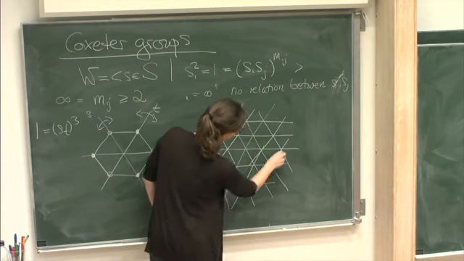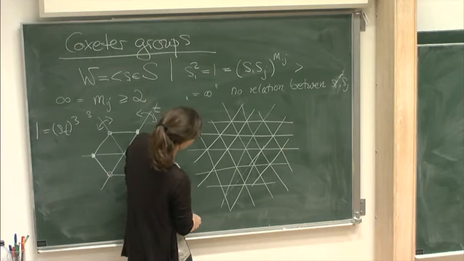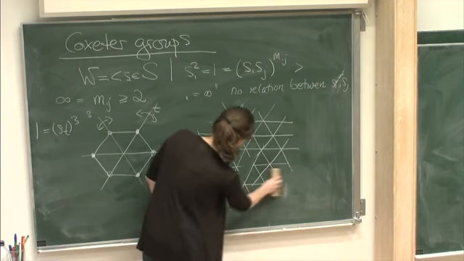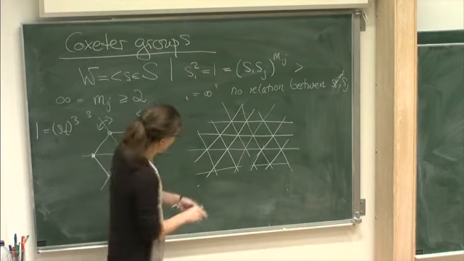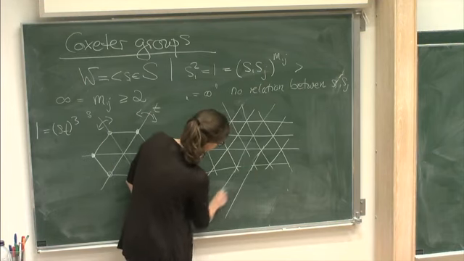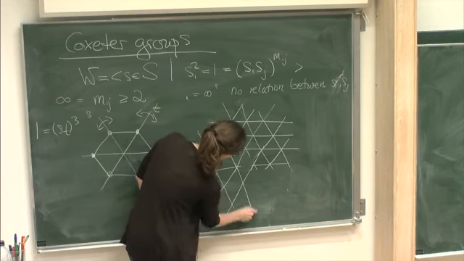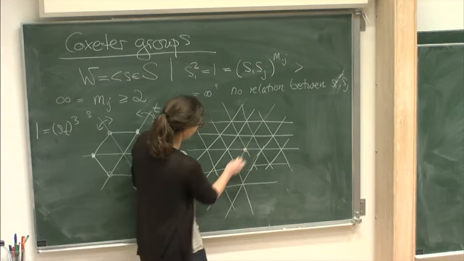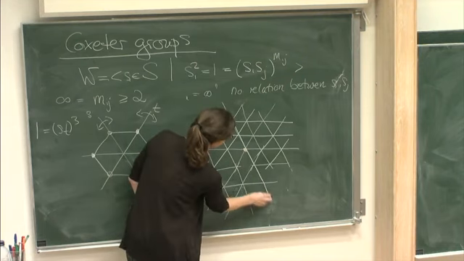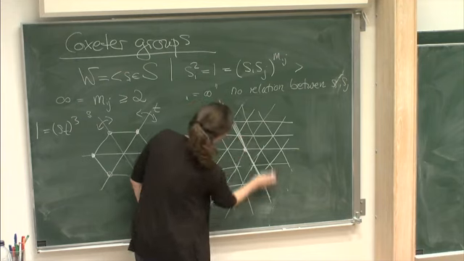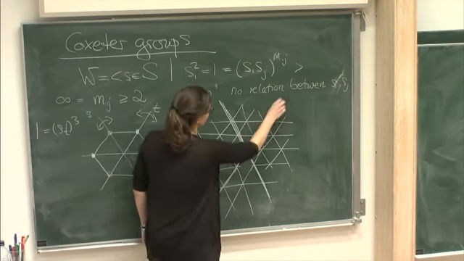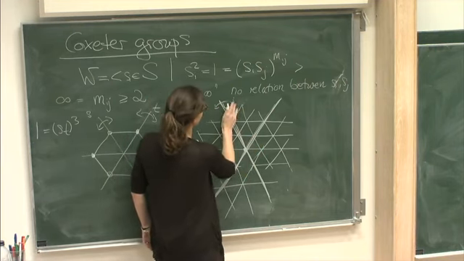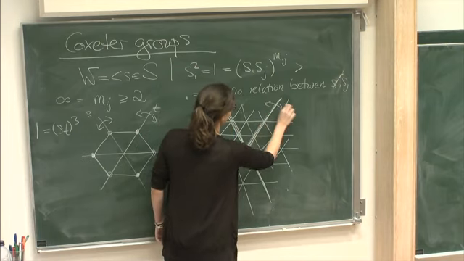It's the tessellation of the plane with equilateral triangles, and I messed it up here. Say here's the origin. We can again look at this group generated the same way here by S and T, S here, T here.